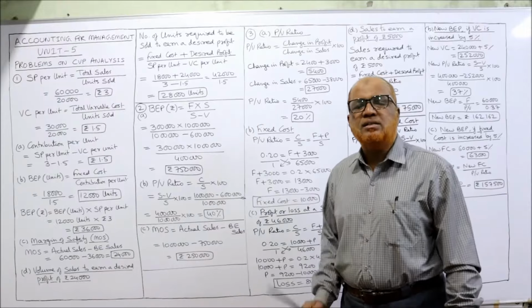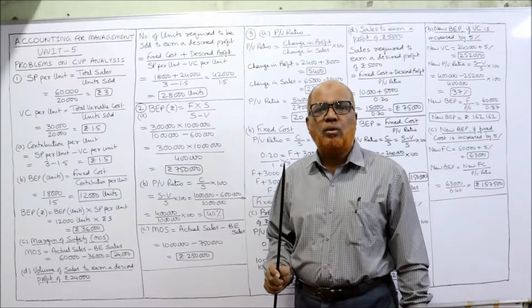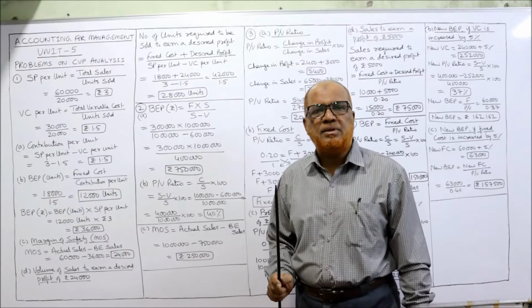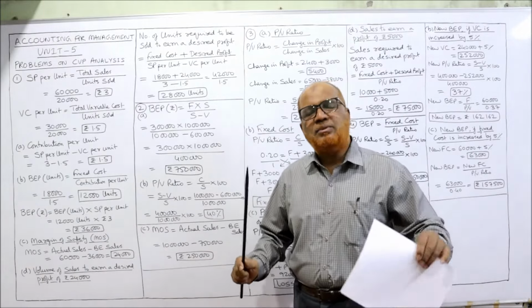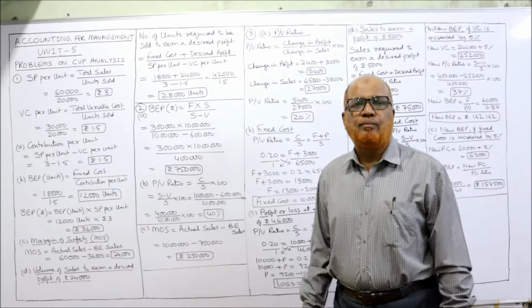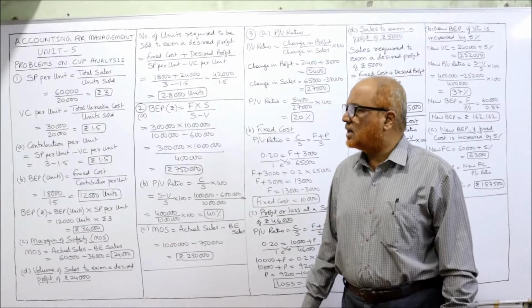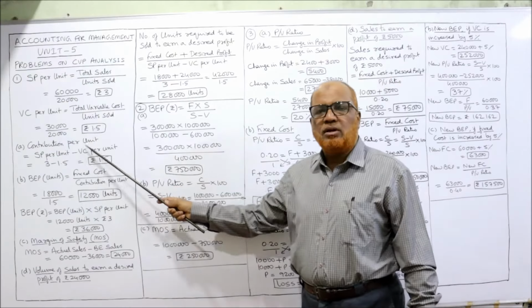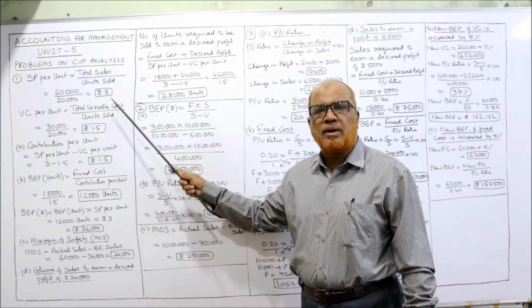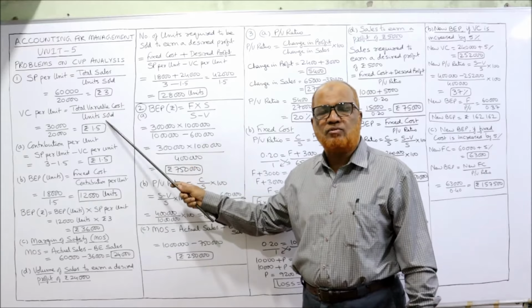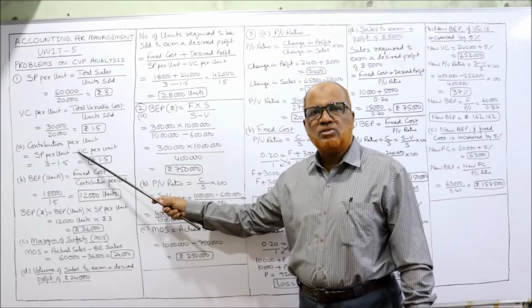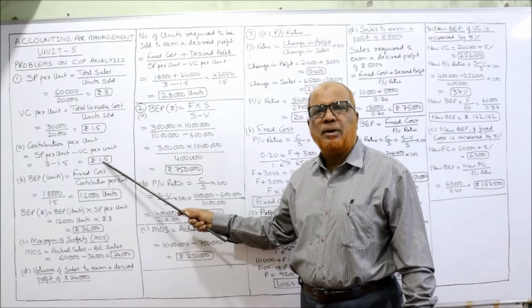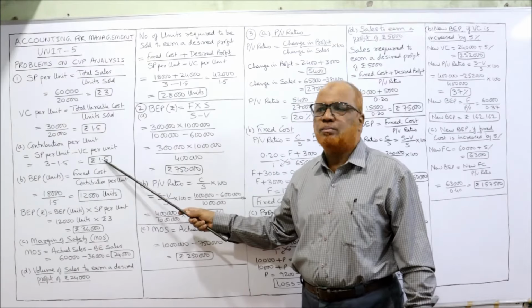While watching the video, I suggest you always keep a notebook, calculator, and pen beside you. When I say something, immediately write it down, then only you will be able to understand. Selling price is 3 rupees, variable cost 1.5, so 3 minus 1.5, 1 rupee 50 paisa is the contribution per unit.